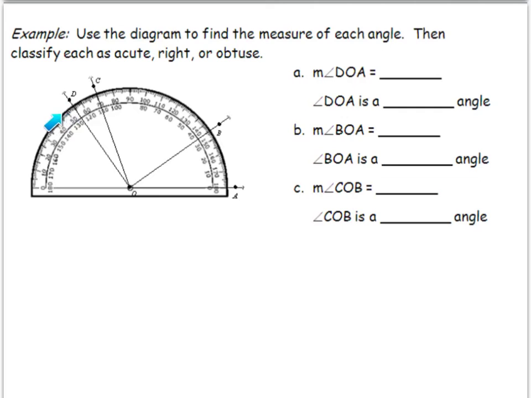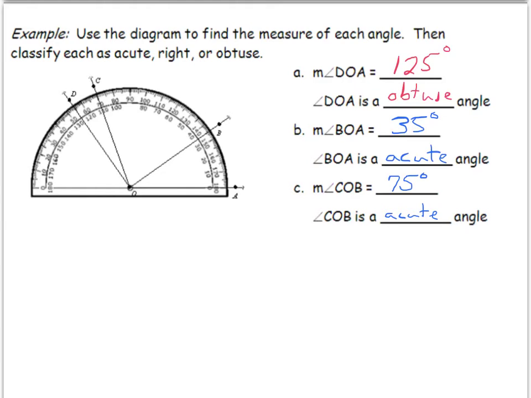Now, it either looks like it would be a 55-degree angle or it looks like it would be a 125-degree angle. Since it is an obtuse angle, we're going to go with 125. So we're going to write down 125 degrees, and we already talked about it. It is an obtuse angle. So do me a favor, try to figure out the next two. Come back, pause the video, come back, and we'll take a look at the answers.